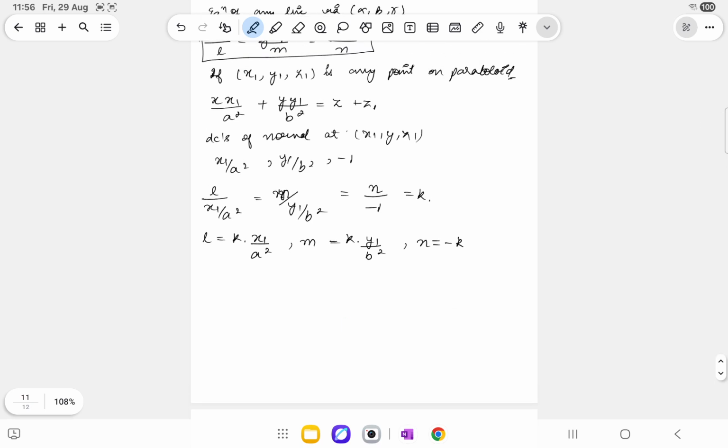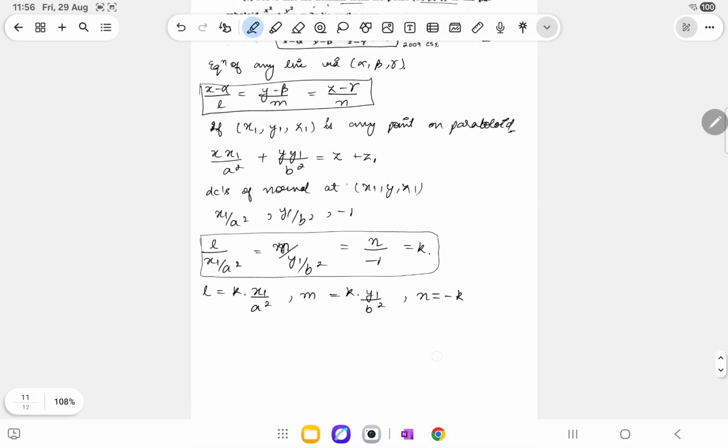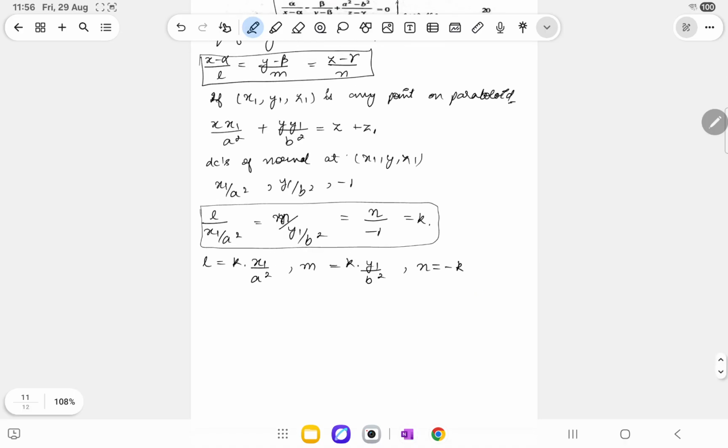I am able to equate these direction ratios of the normal with those of the normal to the tangent at (x1, y1, z1) because my point (x1, y1, z1) is also passing via the normal.